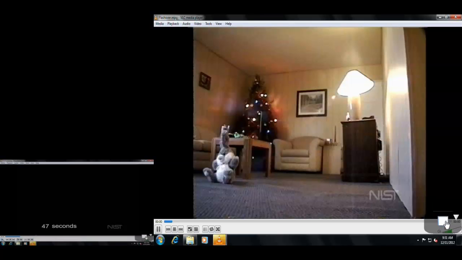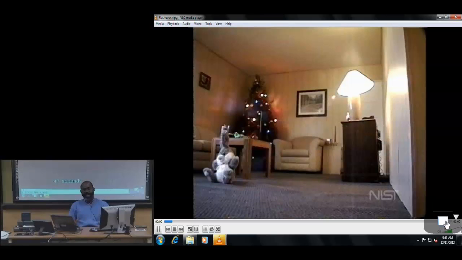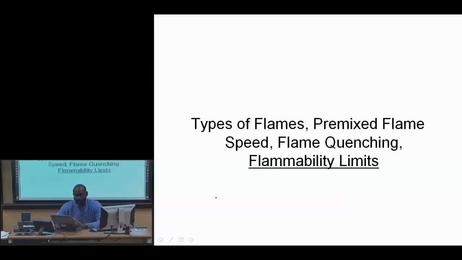We want to be able to describe a lot of those dynamics from first principles, or certainly understand and characterize them. That's, again, one of the issues we're dealing with as we go through these lectures. In this specific lecture, we want to talk about types of flames, and specifically premixed flames, flame quenching, and flammability limits.